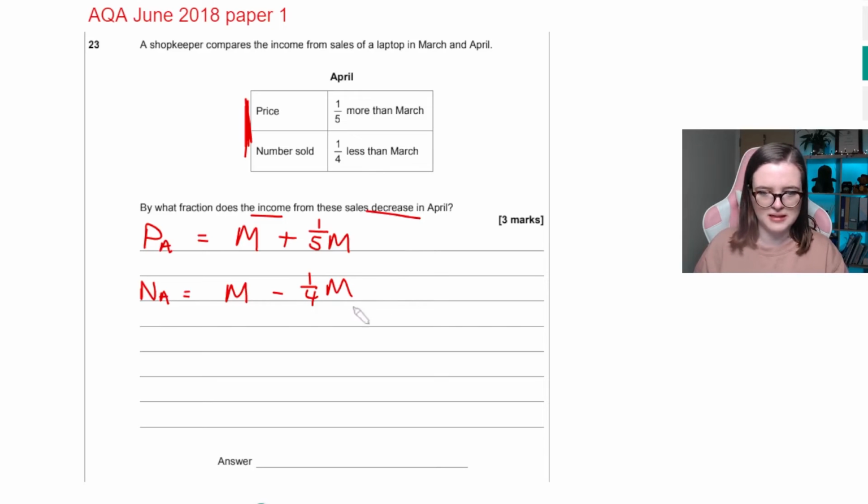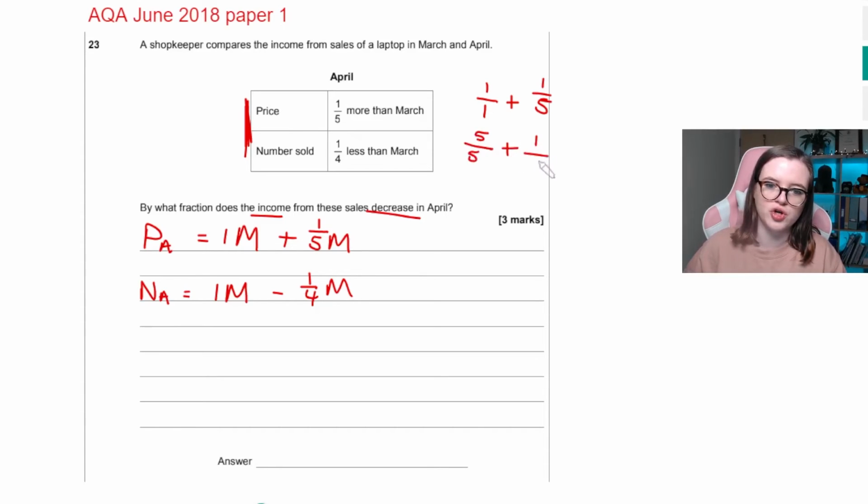Right, okie dokie then. Now we want to bring these together, so remember, whenever we're adding or subtracting a fraction from a number, we need to make the number into a fraction of its own. So 1 over 1 plus 1 over 5 is going to become 5 over 5 plus 1 over 5, which is 6 over 5.